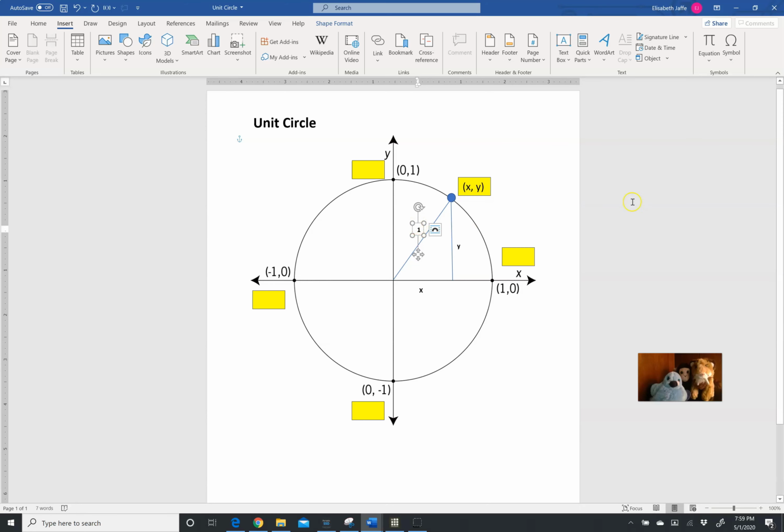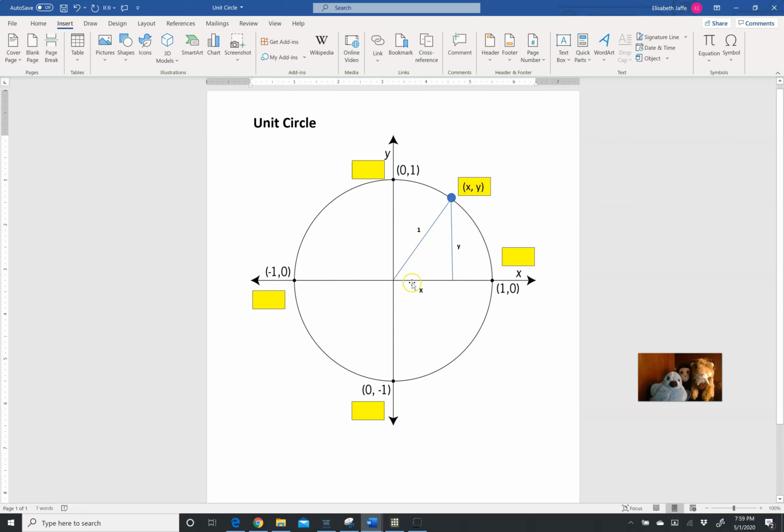This has a length of 1. So no matter where we draw our triangle, this is going to be true. We could draw it over here. We could draw it down here as well. Okay, if we drew a triangle down here, the horizontal distance would be x, the vertical distance would be y, and the diagonal would be 1.